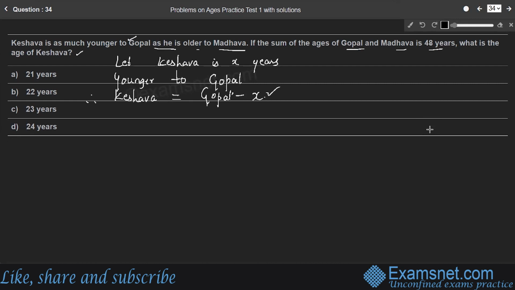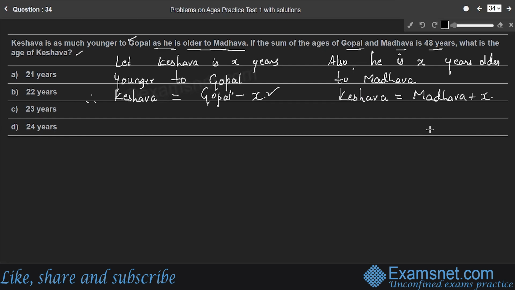And as he is older than Madhava, we'll consider he is X years older than Madhava. Therefore, Keshava's age is equal to Madhava's age plus X years.